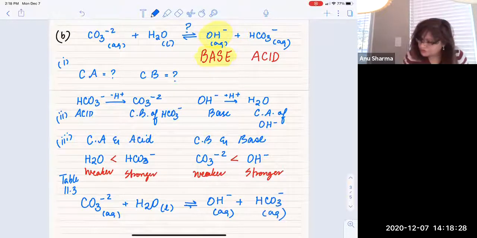So here we have the carbonate and the water, and the OH ions and the bicarbonate.